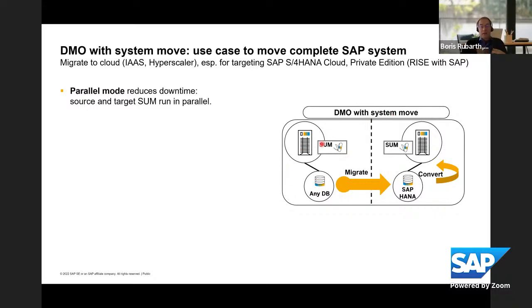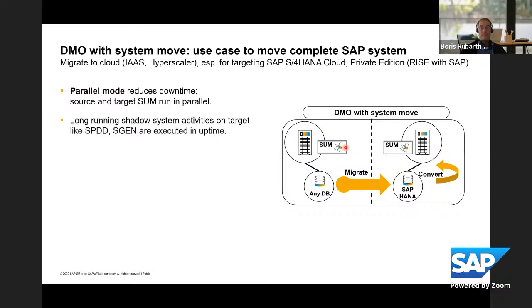The tool will trigger the R3load to export the tables from the source database to folders, to dump files, and then we copy the software update manager directory to the target environment. You may have seen the illustration there, the animation, and we continue the procedure in the target. And there it's strongly recommended to use what we call the parallel mode, because then those two software update managers can run in parallel, and this allows you to reduce the downtime drastically.